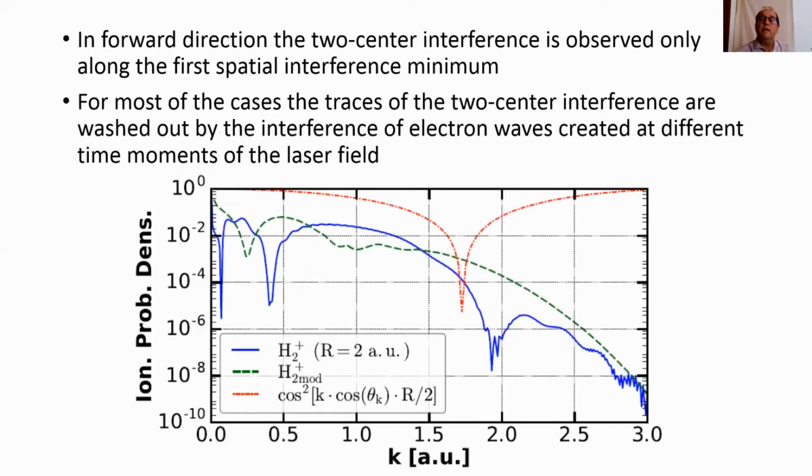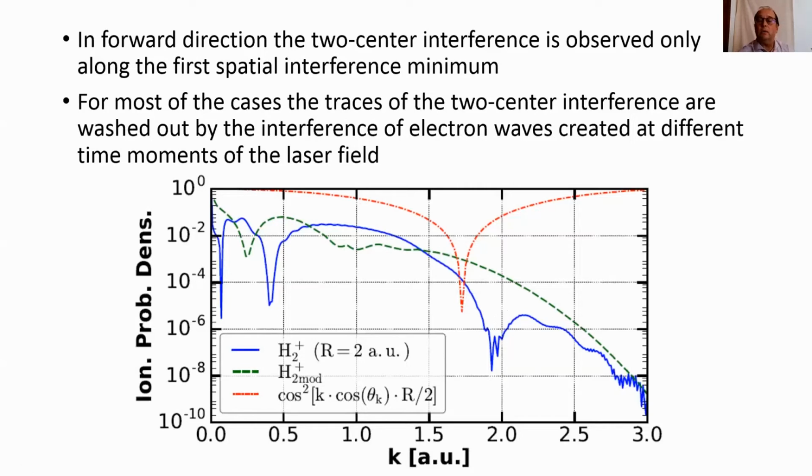And the other minimum which is observed in the forward direction is observed along the first spatial interference minimum. So the blue curve is the molecular spectrum, and the red curve is the central potential. Here you see a clear minimum, which may be a trace of two-center interference.